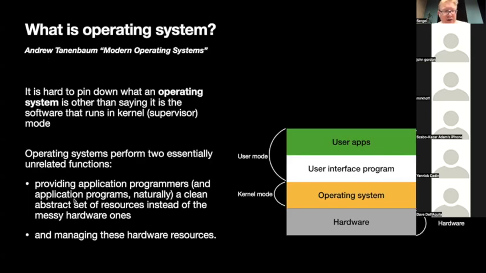Yeah, and if we talk about what an operating system is, we refer to the classical book of Andrew Tanenbaum, Modern Operating Systems, and he says that it's a bit difficult to explain what an operating system is. But anyway, it's some special program that runs in some special mode with all the privileges available.